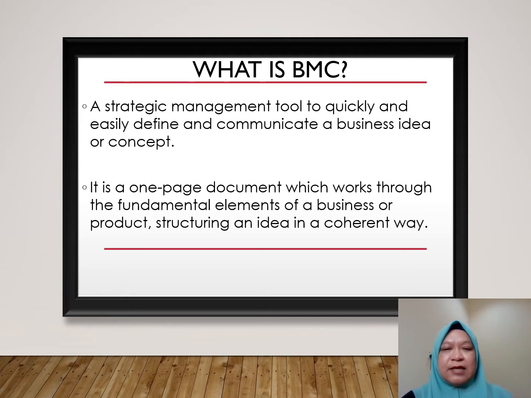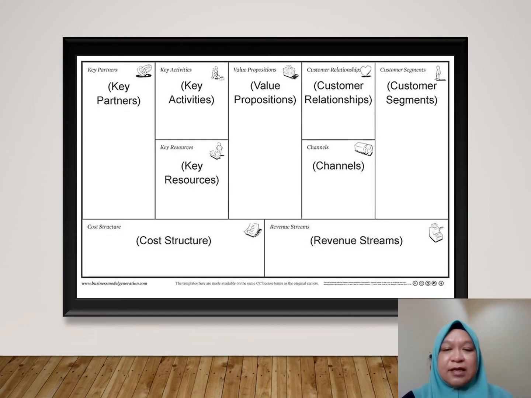Okay, here is an example of a BMC. Basically, it's on the canvas, and this canvas or paper or page is divided into 9 blocks. So we have customer segments, customer relationships, channels, value propositions, key activities, key resources, key partners, cost structure, and the last one is revenue streams.